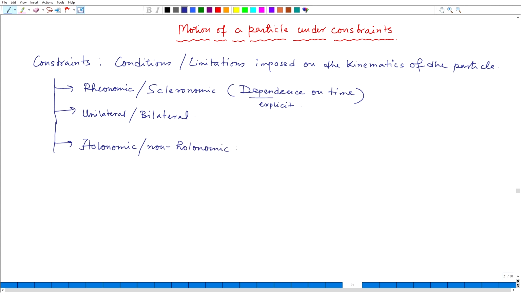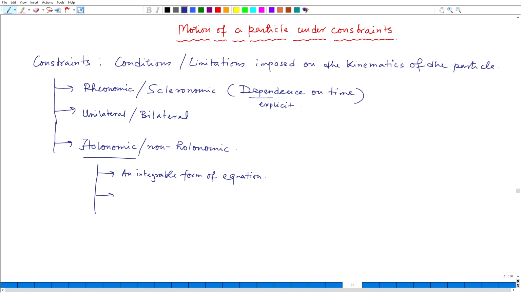Holonomic, we said, has several features. First, it should be an integrable form of equation, which we sometimes loosely say algebraic, but it can also consist of trigonometric or exponential types of functions, which we know how to integrate.